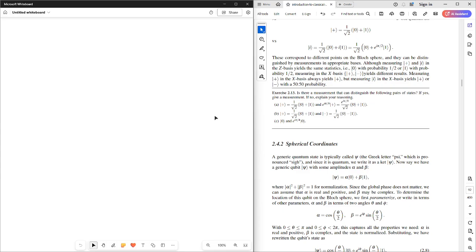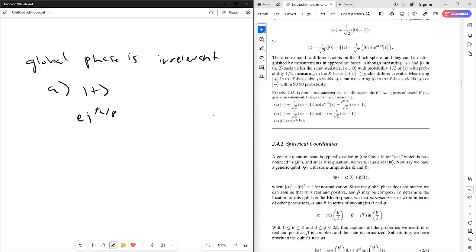Is there a measurement that can distinguish the following pairs of states? If yes, give a measurement. If no, explain your reasoning. So we know that a global phase is irrelevant. Okay. So in example A, we have the same state. We have plus, except we just apply a global phase of e^(iθ).